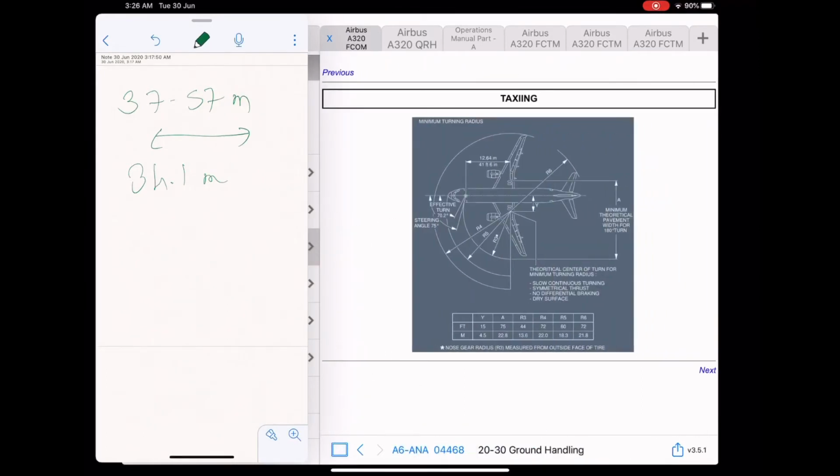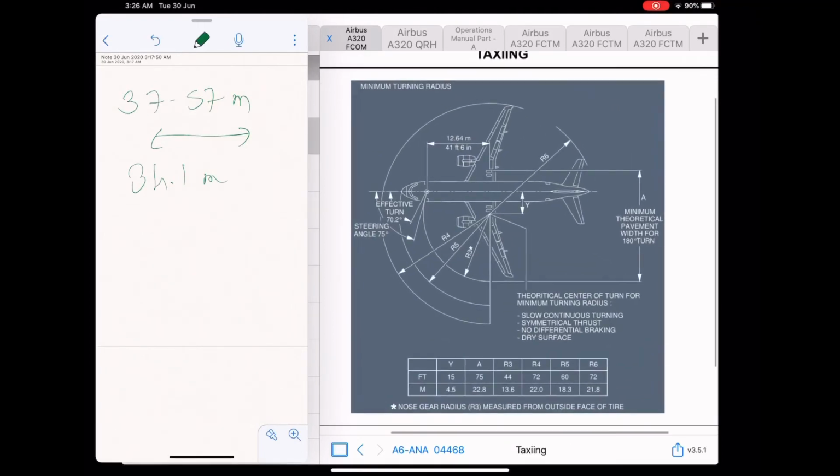Here we see what is the turning radius required by the A320 from various reference points. So here they have considered the left gear to be the focal point, which means that the aircraft would define this much of a radius, which is denoted by R4, R5, R3, with different lengths, and the center of this radius starts from basically the left gear, which is located below the left wing.